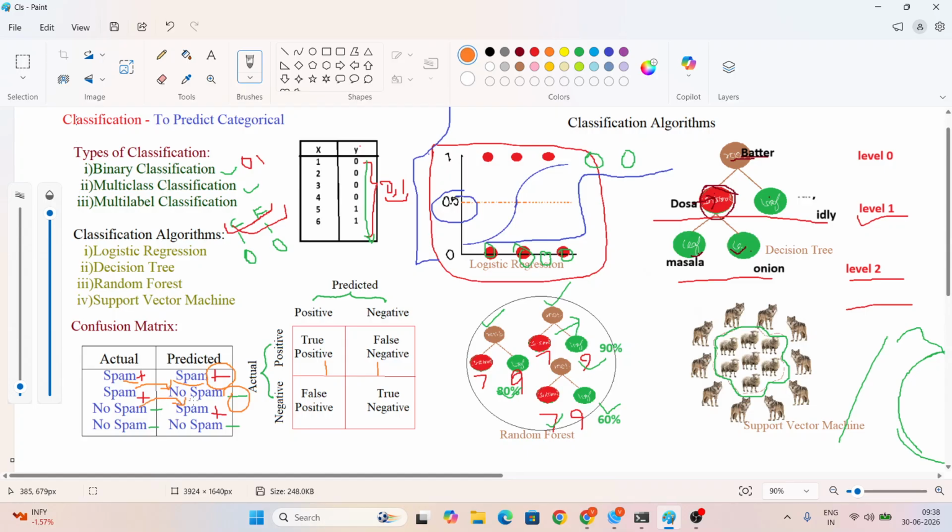It's false, and ends with positive, so that is called false positive. And this is no spam and predicted also no spam, so it's true and ends with negative: true negative. Now tell me how many true positive, false positive, false negative, true negative are there? All are one, right?